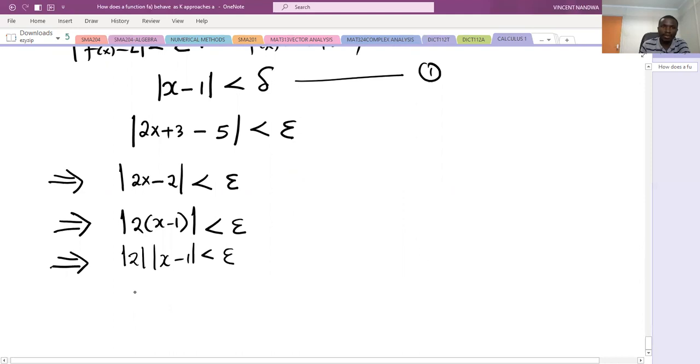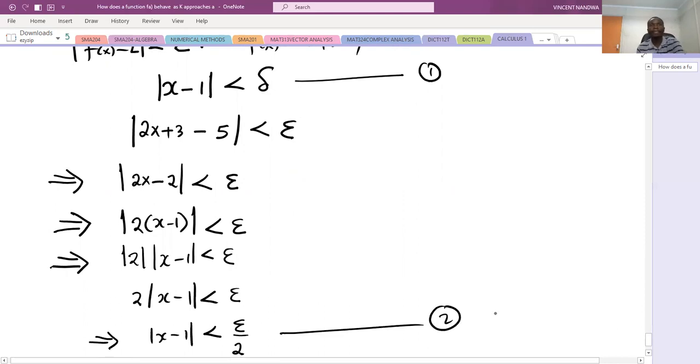Absolute value of 2 is just 2, so 2 times absolute value of x minus 1 is less than epsilon. Which means absolute value of x minus 1 is less than epsilon over 2. Call this equation 2. So equation 2 and equation 1 are the same.